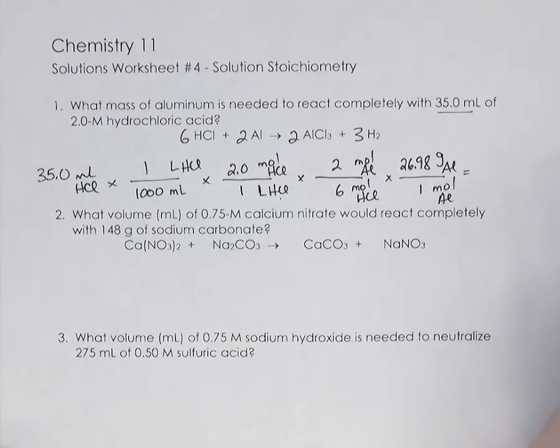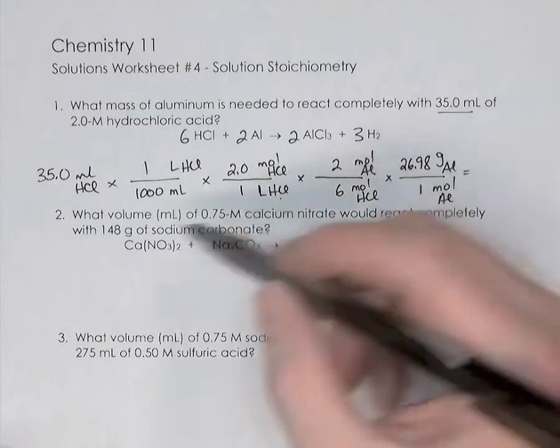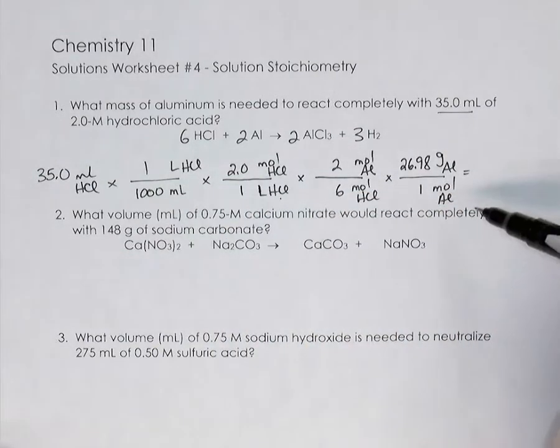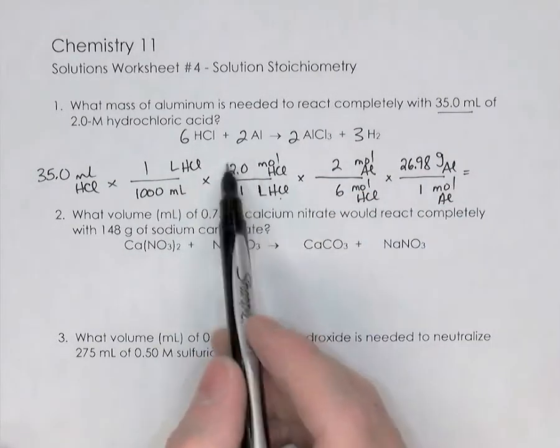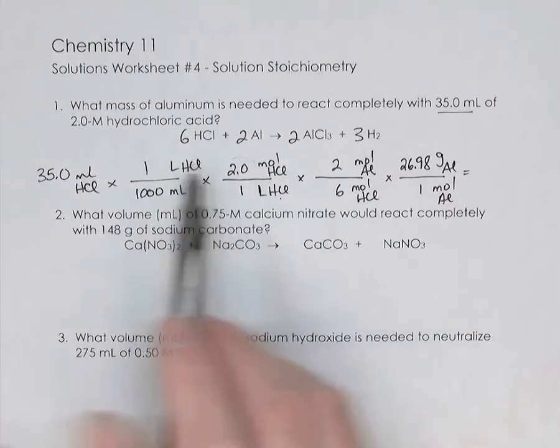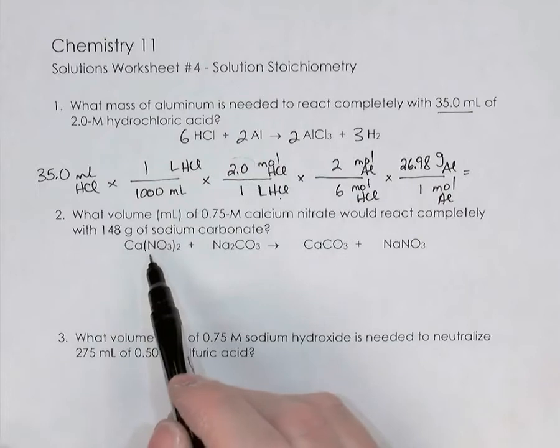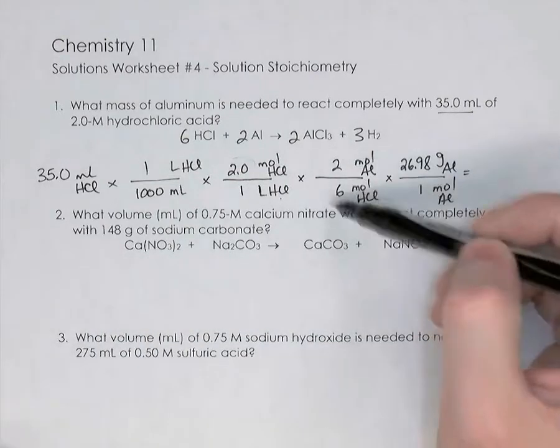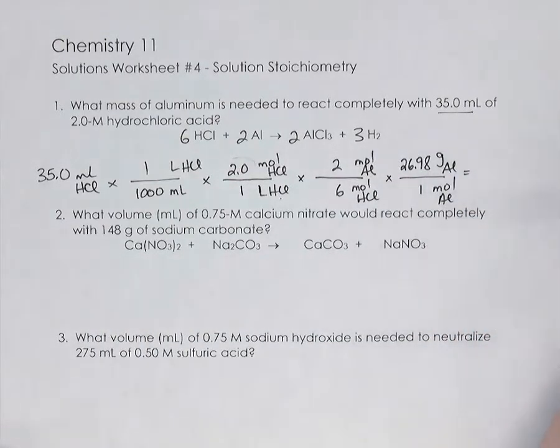Grabbing a calculator and multiplying and dividing as needed, we're going to keep 2 digits in our final answer because of this concentration, 2.0. It had the smallest number of significant digits. Remember that the coefficients are considered pure numbers. They're not measured quantities, so you don't use them to round off your answer.